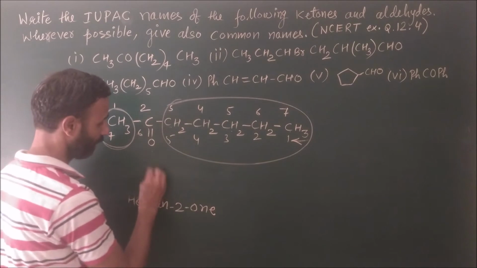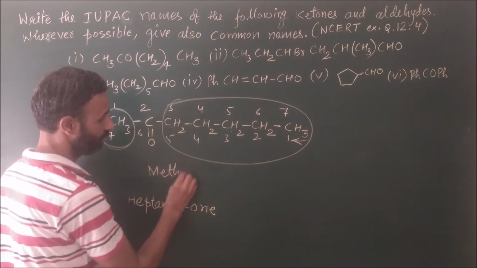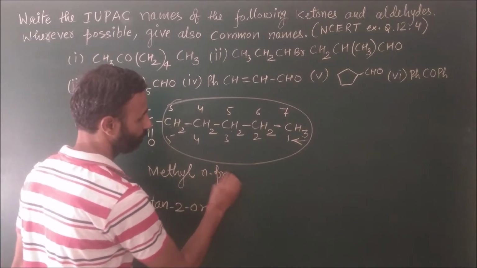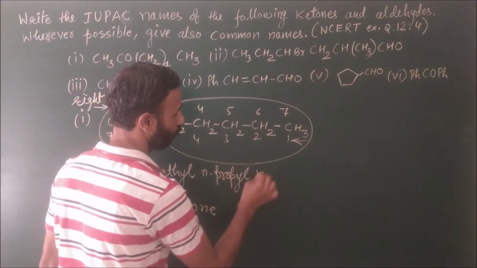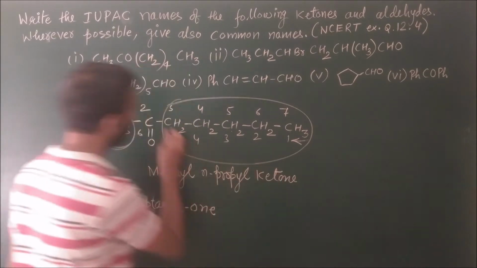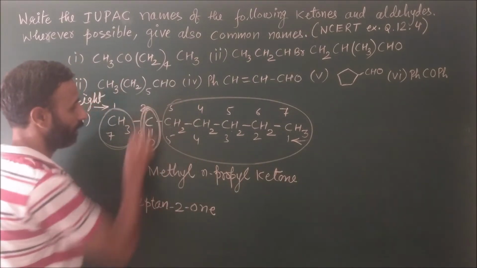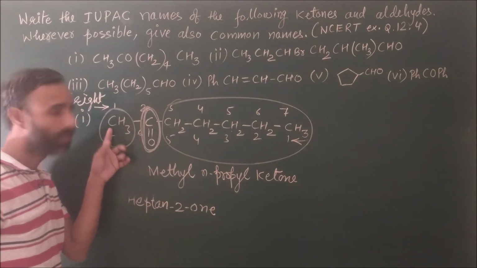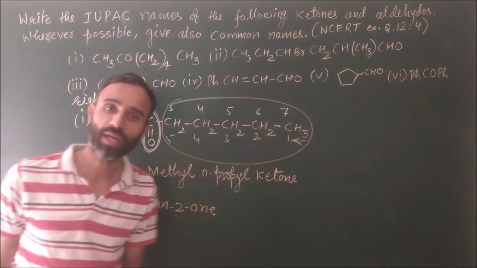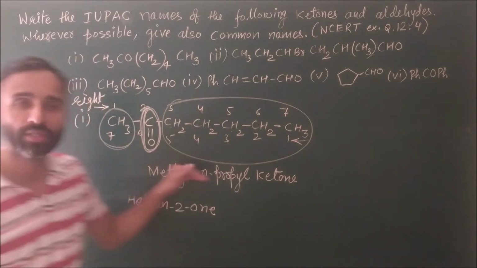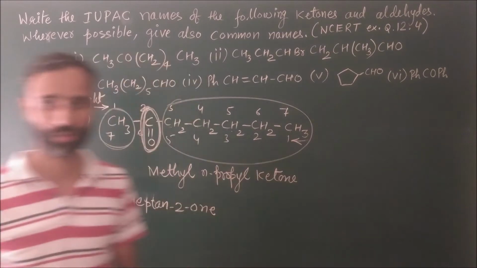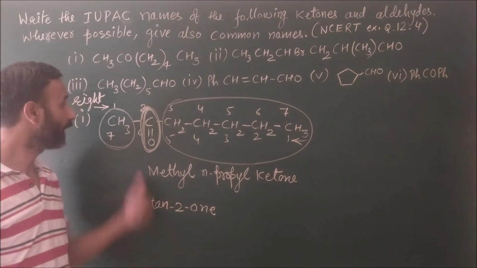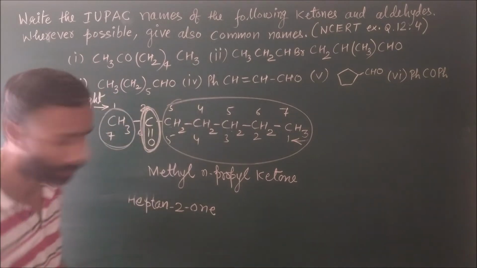So its name is methyl normal pentyl ketone. On one side of the ketone there is methyl, on the other side there is normal pentyl. So this is the common name and the other one is the IUPAC name of the given compound.